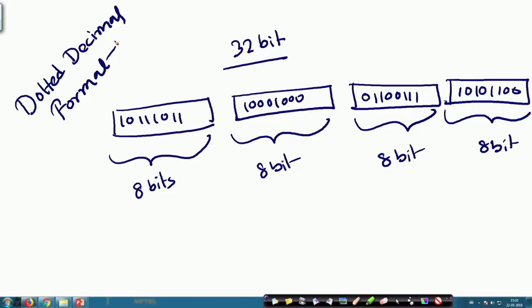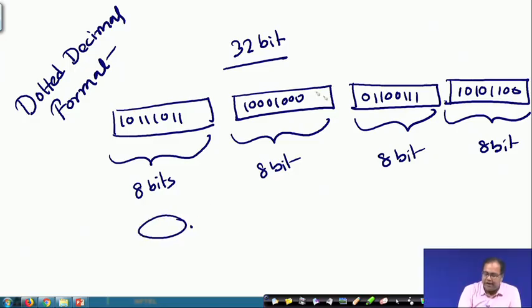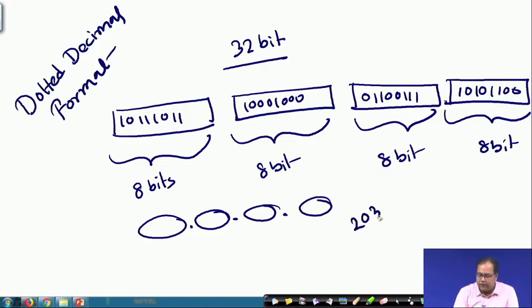For these 8 bits, we represent the 8-bit binary as an integer, then put a dot, then again represent the next 8 bits as an integer, again a dot, the third integer, a dot, and the final integer. So, an IP address looks something like 203.110.30.42. Each of these is an 8-bit integer.